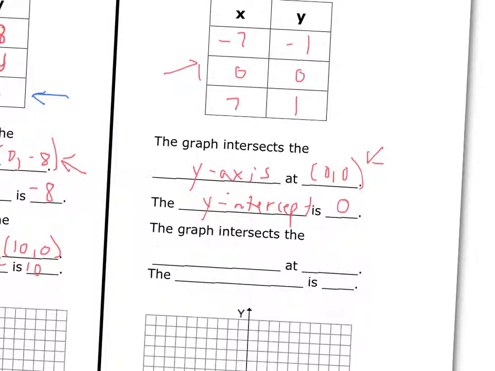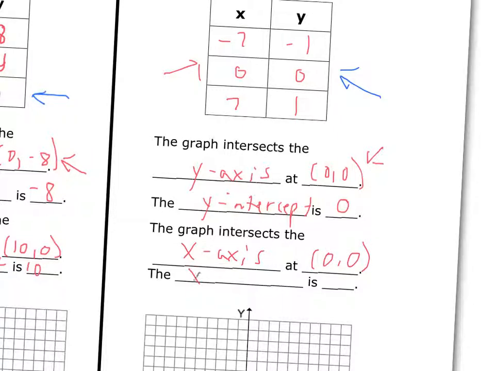Okay, almost done here. The graph intersects the x-axis at, well, we want to find one with a y value of 0. Okay, so there's a y value of 0. So once again, it intersects the x-axis at 0, 0.